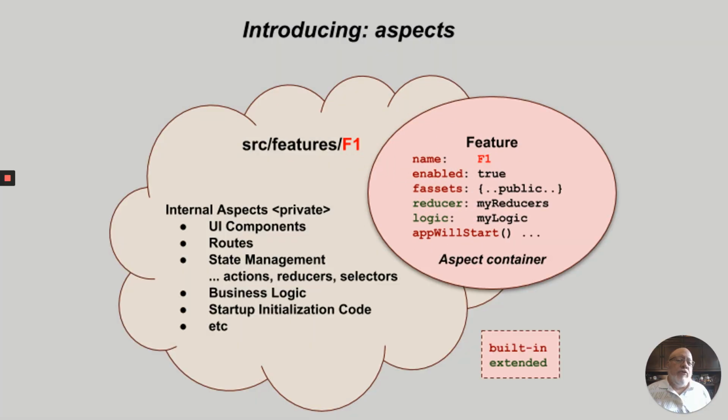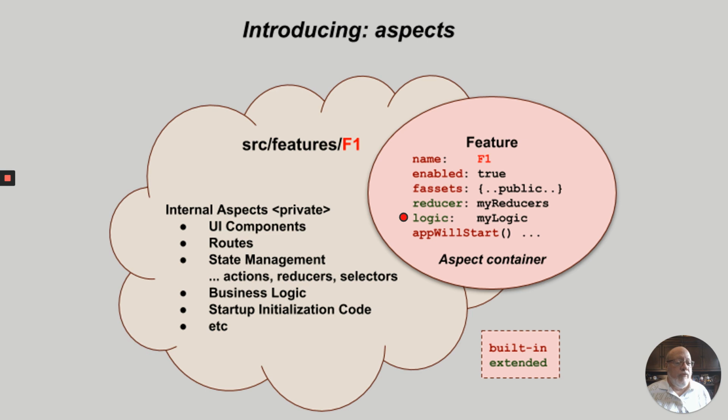In general, you can see that all features have a name. It looks like they can be enabled or disabled. Fassets is feature assets. We'll talk about that in just a moment. It's basically the public API of your feature. So it looks like this feature is maintaining some application state. So it's registering a feature-based slice of our overall application state to a framework. It's also registering some logic modules.